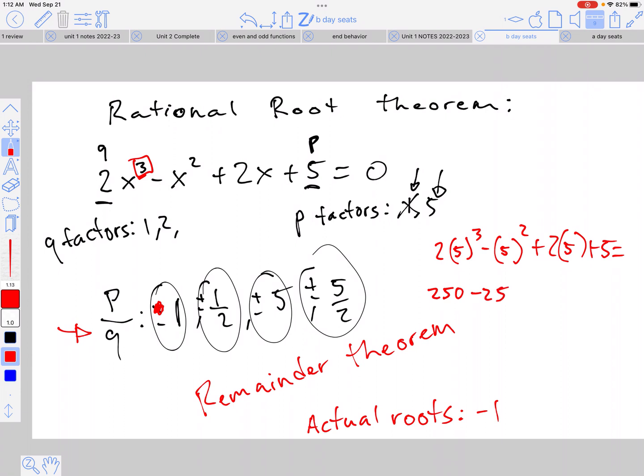Minus 25 plus 10 plus 5. So I don't think that's going to get us there. 250 minus 25 is 225. The remainder, if we would have tried to divide it, is going to be really big. 5's not going to work, right?